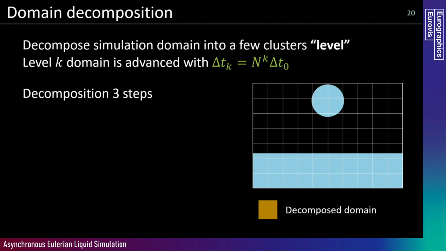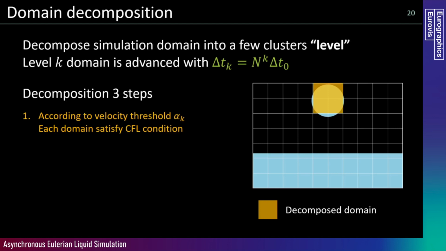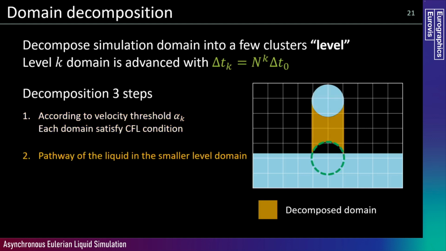We decompose the simulation domain in 3 steps. At first, label the cells based on the velocity of the cell. The labeling threshold is determined to make the CFL numbers in each level less than the target number. After that, we consider the pathway of the liquid in the cells which are labeled to use a small time step.